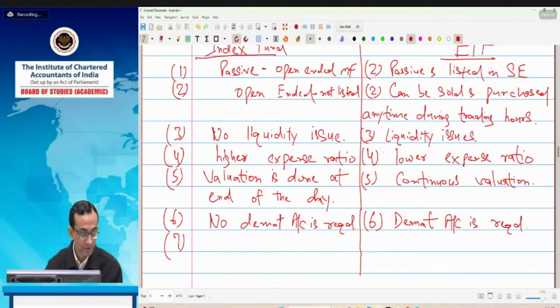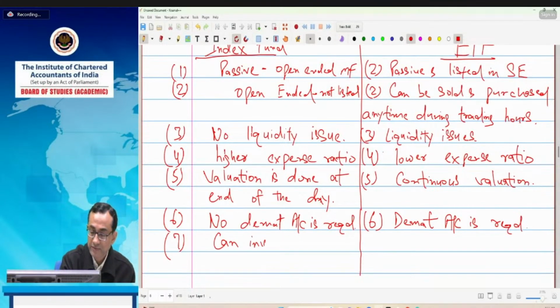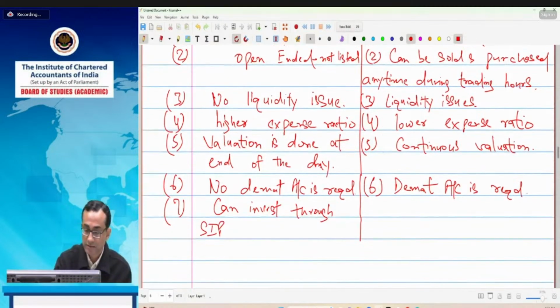And last but not the least, you can invest in an index fund through SIP, which is also called systematic investment plan.